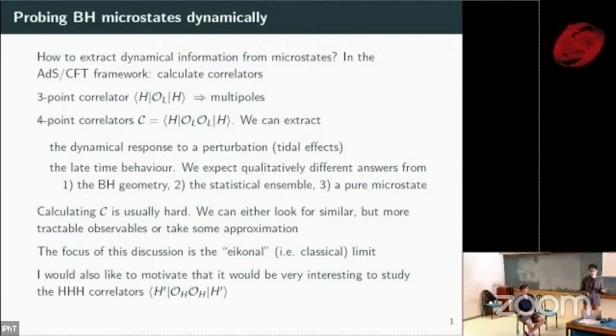And the first ones that people focused on are three-point functions. So you have your heavy state describing conceptually a microstate of a black hole, or as far as you can get. And then you want to see a one-point function in the heavy state coming in and coming out.